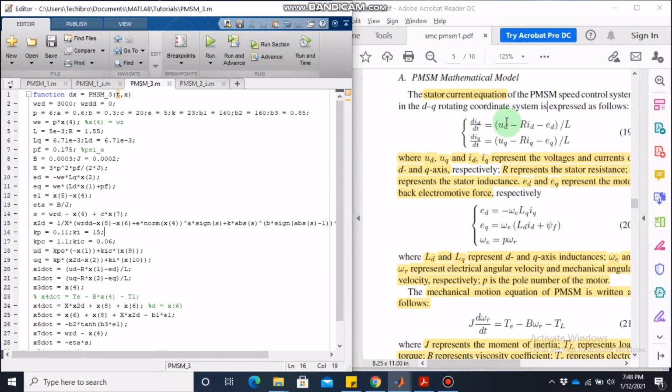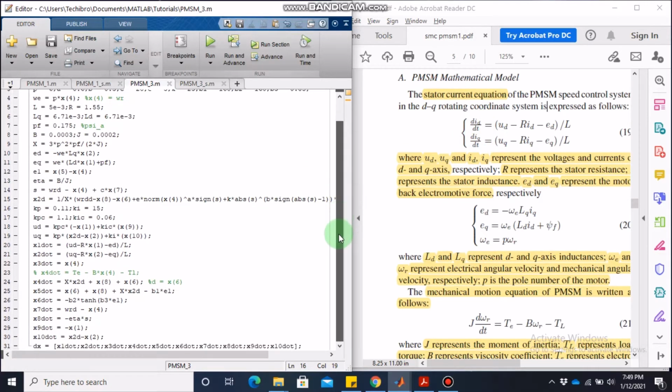First of all, these differential equations, d by dt of id, which is the d component of the current, and d by dt of iq, these are the first two equations here in my code. x1 dot is basically d by dt of id, which is equal to ud minus r times id, id is the first state variable in my code, minus ed divided by l, and x2 dot is uq minus r iq, iq is state x2 in my model, minus eq divided by L. So these two lines in my code are equation 19.